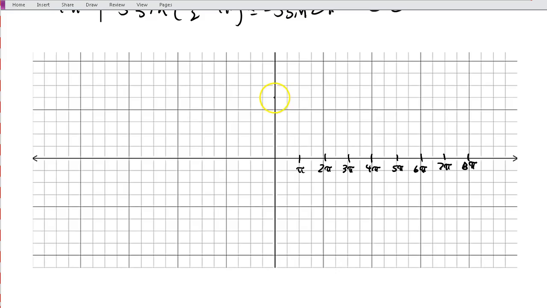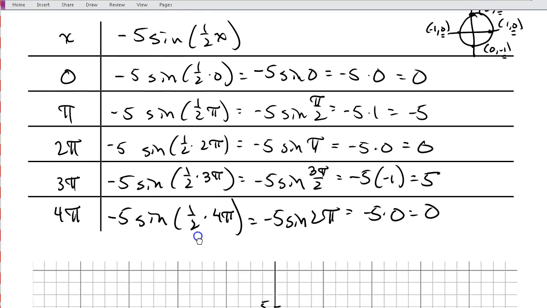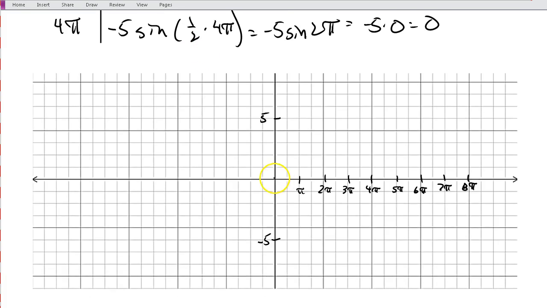And I need it up to 5 and down to -5. And then my first point was 0, 0, and then pi, -5. So 0, 0, pi -5, and then I'll have 2 pi 0, 3 pi 5, and 4 pi 0.